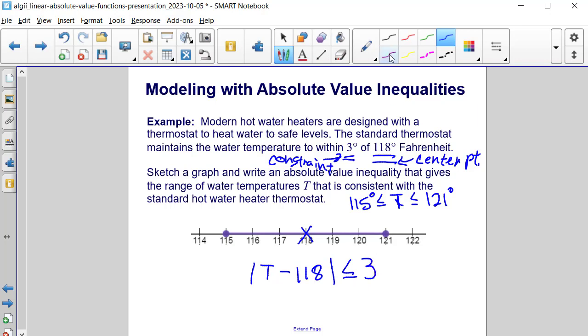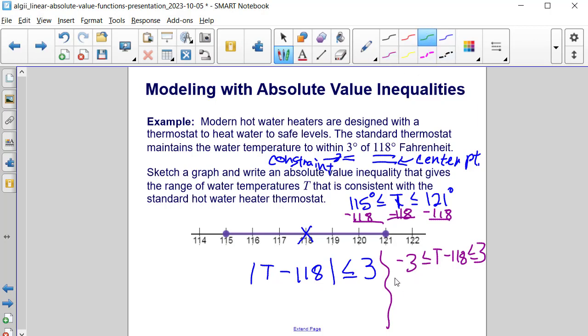Another way to think about this is if we start with our original compound inequality that we had here, we could subtract 118 from all of these. And when we do that, we would have -3 is less than or equal to T minus 118, which is less than or equal to 3.